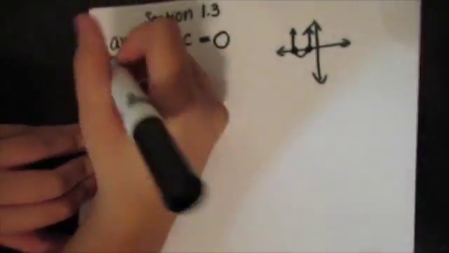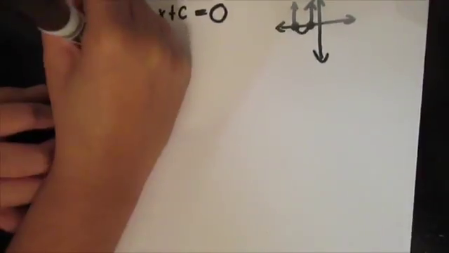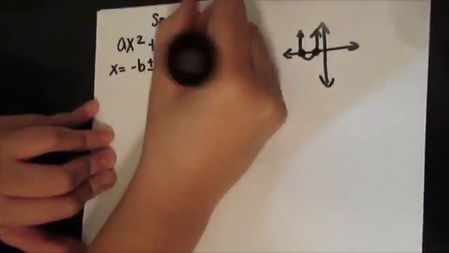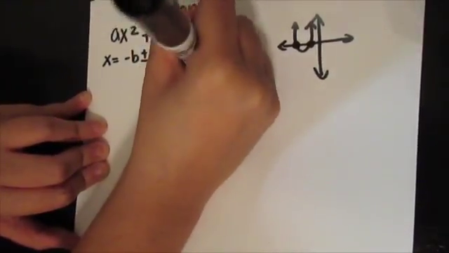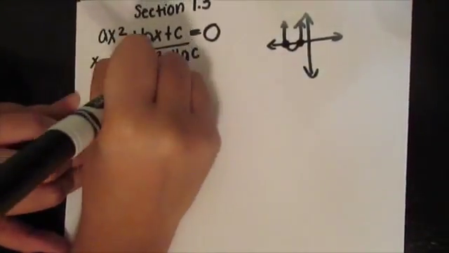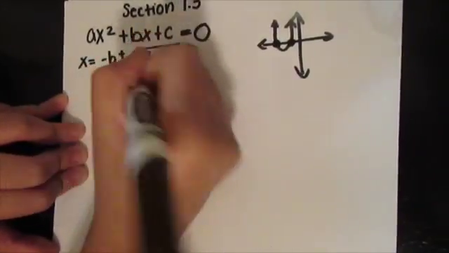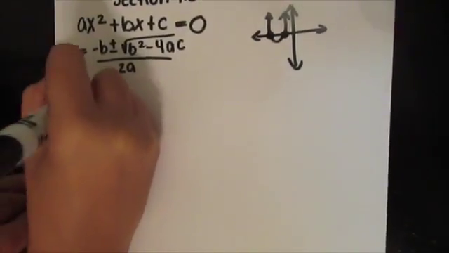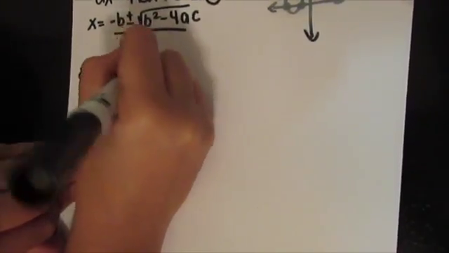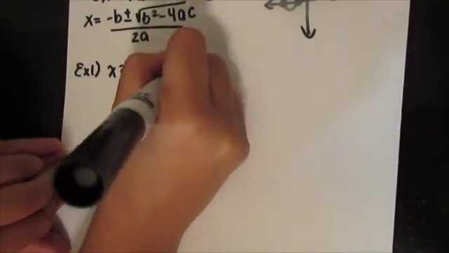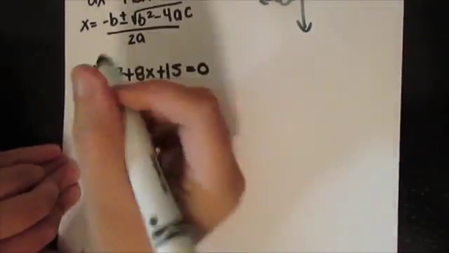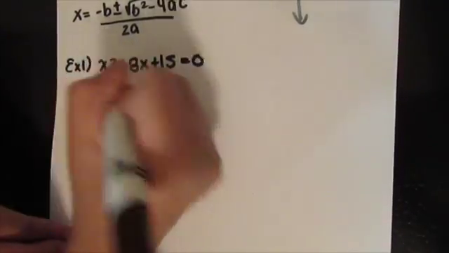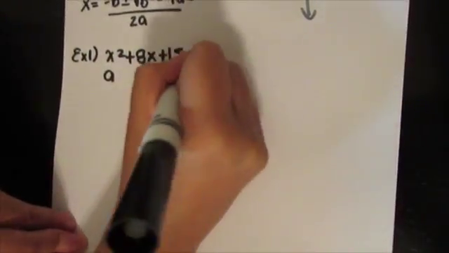The quadratic formula that we use for solving is x equals -b plus minus the square root of b squared minus 4a times c, over 2 times a. So the first example would be x squared plus 8x plus 15 equals 0. When we are solving, we have to input the numbers. So this would be a, this would be b, and this would be c.